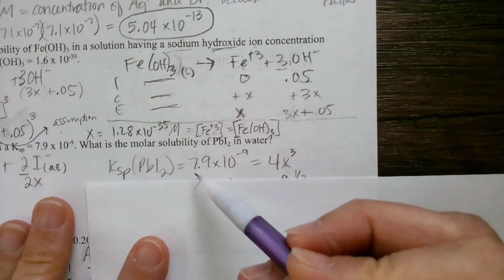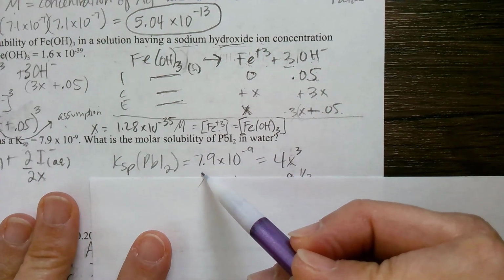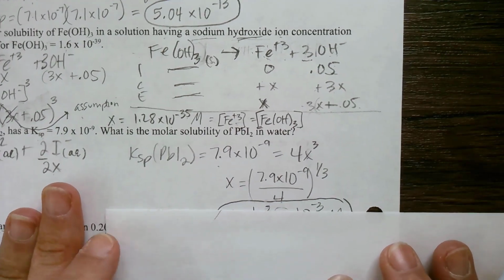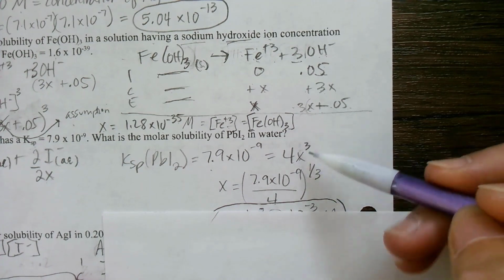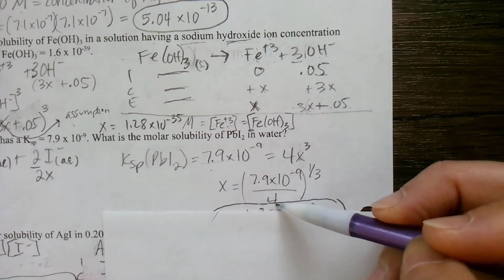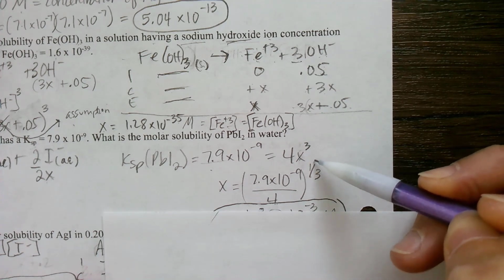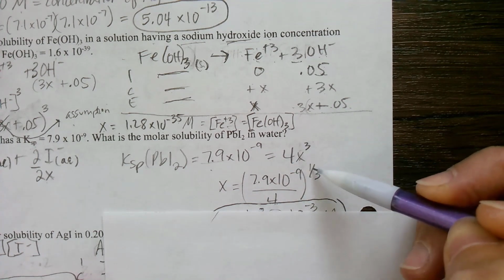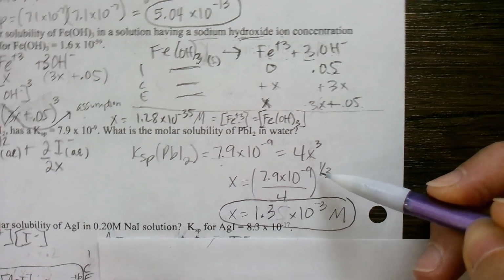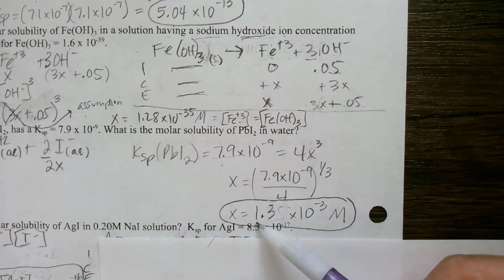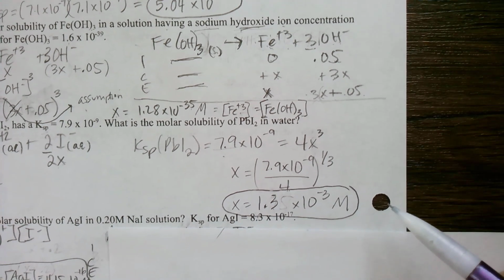And that Ksp is 7.9 times 10 to the negative 9. It's 4X cubed, and let's solve for X. So I'm going to divide both sides by 4 and then take the cube root, which means I'm going to raise it to the power of 1 over 3. And that gives me 1.3 times 10 to the negative 3 M.